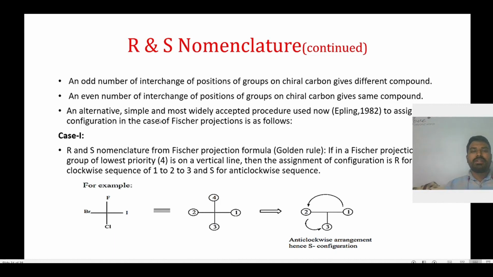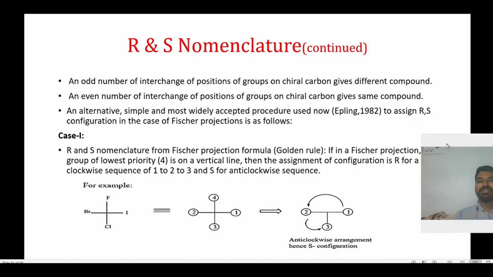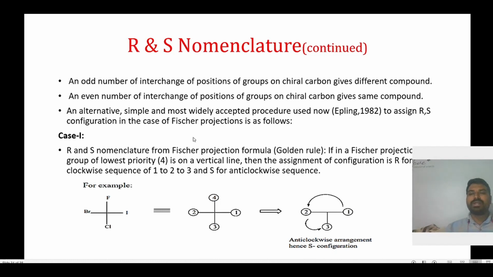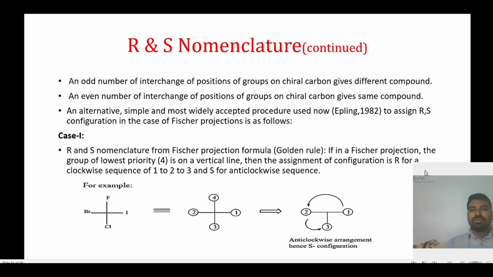An alternate, simple and most widely accepted procedure used now is applying the 1982 rule to assign R-S configuration. In the case of a Fischer projection, it is as follows. Case 1, R and S nomenclature from the Fischer projection formula. It is also known as the golden rule.